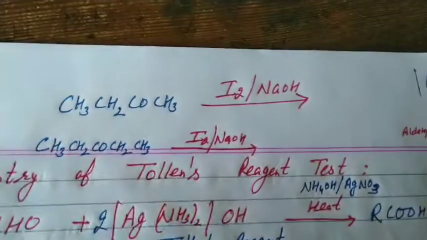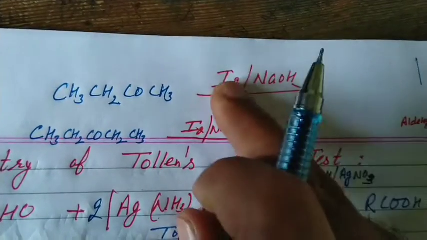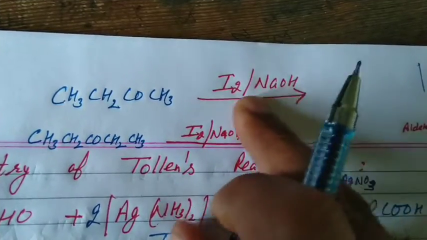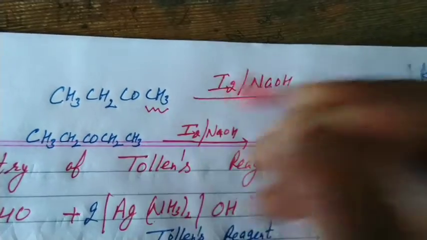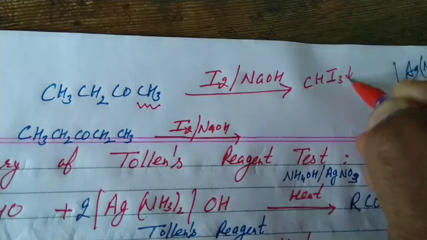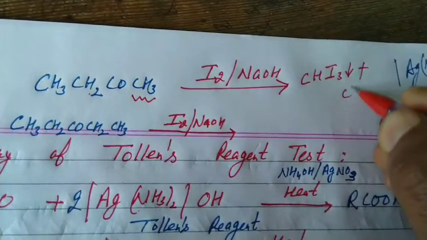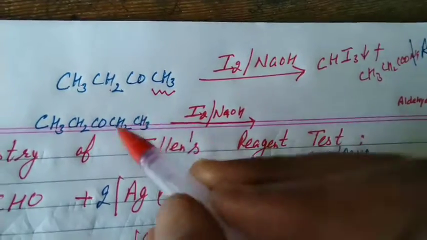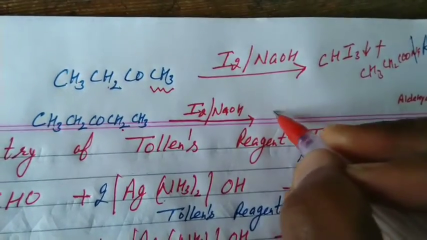Students, it is again the haloform reaction. Please look here. Either treat it with NaOI or write I2/NaOH on the arrow. Since it has a methyl group adjacent to the carbonyl carbon atom, definitely a yellow precipitate of iodoform is formed plus CH3CH2COONa. Now if we treat this ketone, diethyl ketone, what will happen?